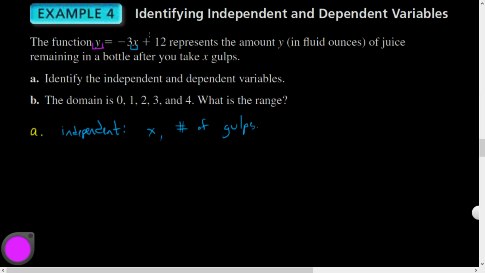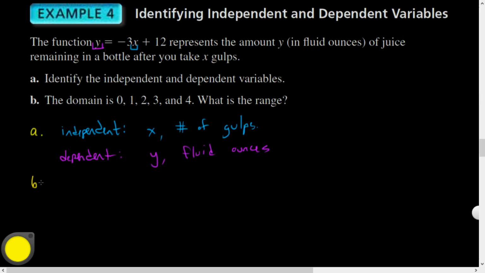After I multiply by negative 3 and add 12, I get an output from my function, y. And that will be my dependent variable, which is the fluid ounces left in the beverage. Okay. And then they say the domain is 0, 1, 2, 3, and 4. What is the corresponding range?